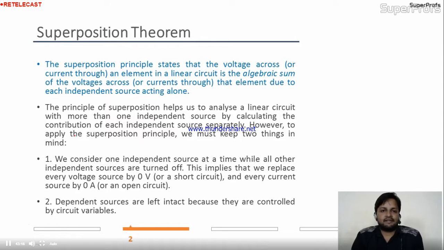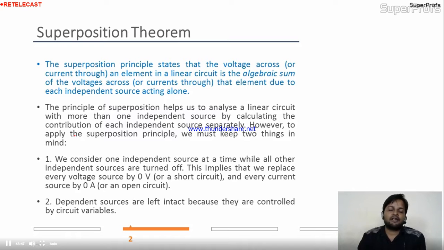The SPT says, suppose in a circuit, 2 or more independent sources are working, meaning in the circuit you have 2 or more independent sources, a voltage source or current source. In that particular circuit, consider one branch AB. In that branch, the current will flow. Suppose the current flowing is something.